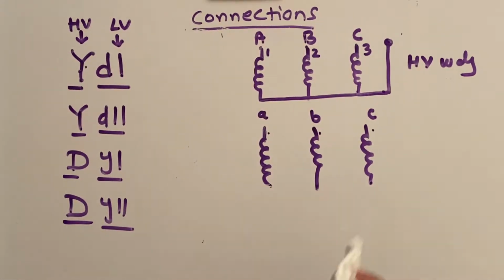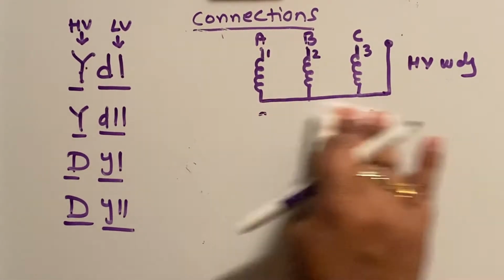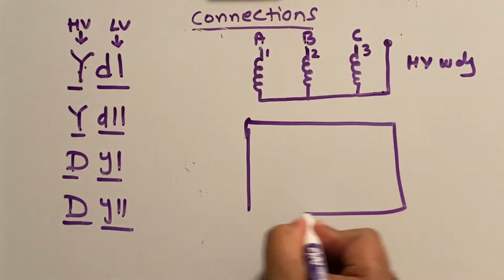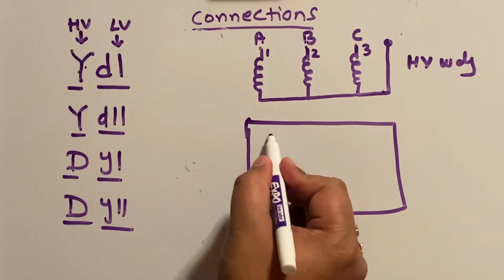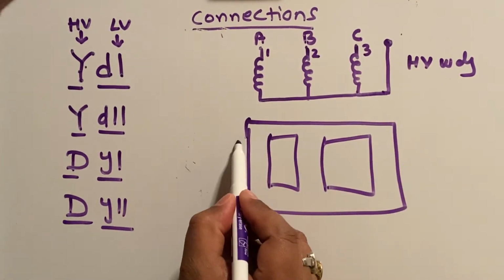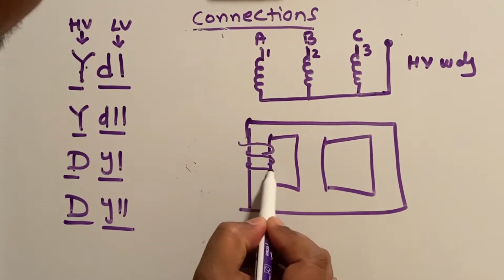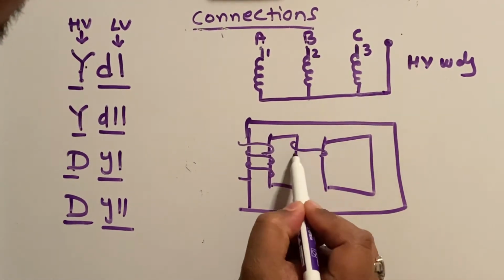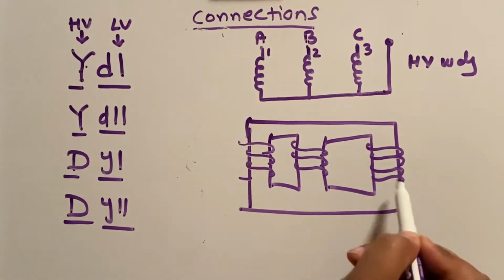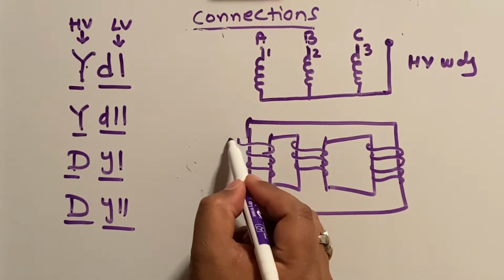So when you make a transformer, a 3-limb transformer will look like this. So you have a low voltage winding, over this winding you will have a high voltage winding.